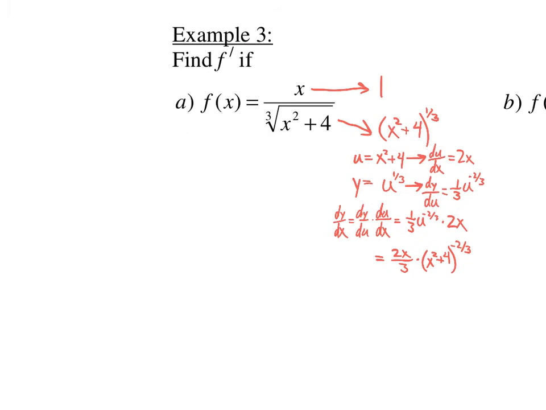Okay? So, f prime is derivative of the top times the bottom, so x squared plus 4 to the 1/3, minus f times the derivative of the bottom, so that 2x over 3 times x squared plus 4 to the negative 2/3 power, and that whole thing is then over, what do I get when I square the bottom?